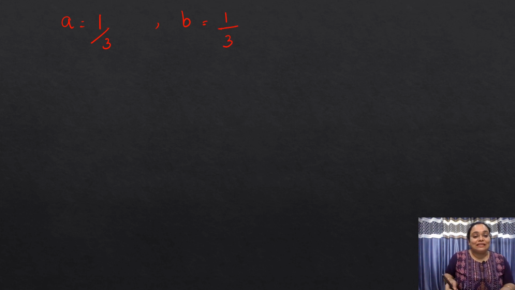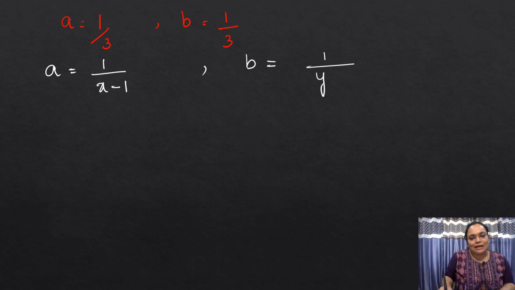Now we have assumed the values, right? a is equals to 1 by x minus 1. b is equals to 1 by y minus 2. Yes? Now replace the value of a with 1 by 3 and b with 1 by 3.